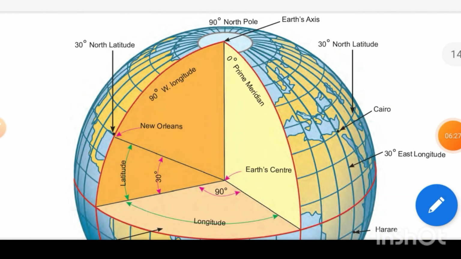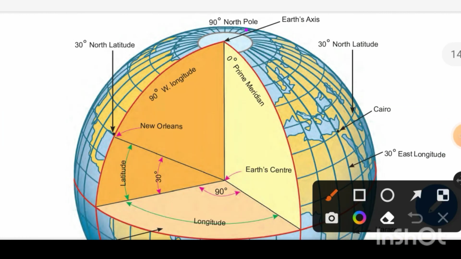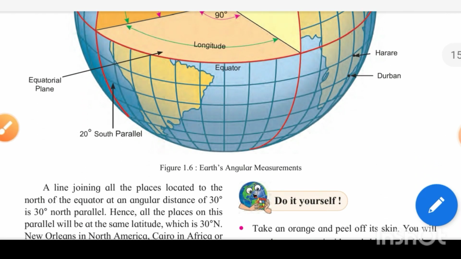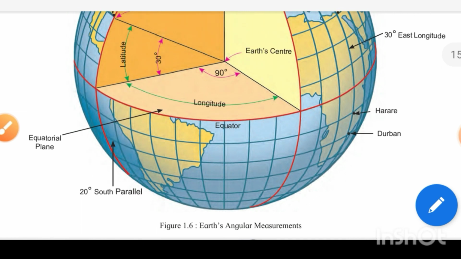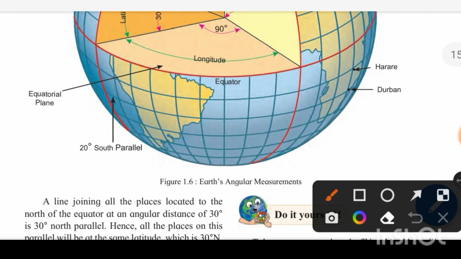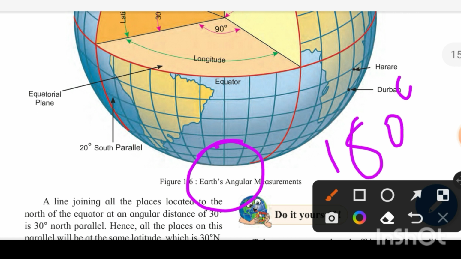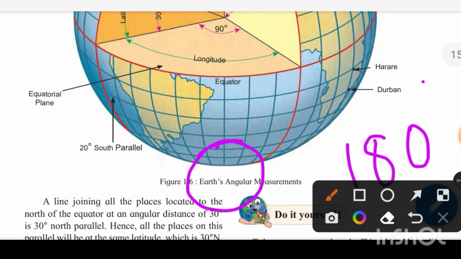So it is saying that here, if the 0 degree prime meridian is here, it means opposite to this will be the 180 degree meridian. Opposite means the back side, which we can't see in this picture. The back side, somewhere here, will be the 180 degree meridian. I'm using my finger, so please bear with my handwriting. It will be somewhere like 180 degree.